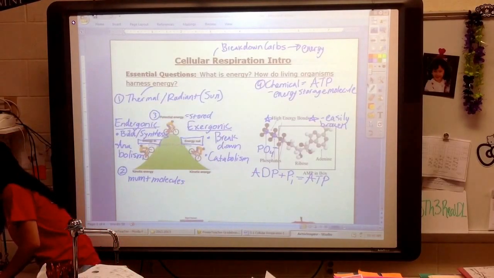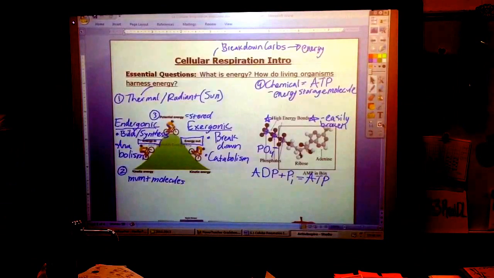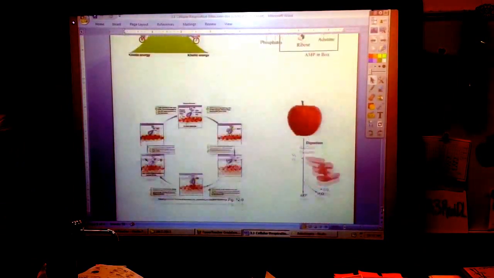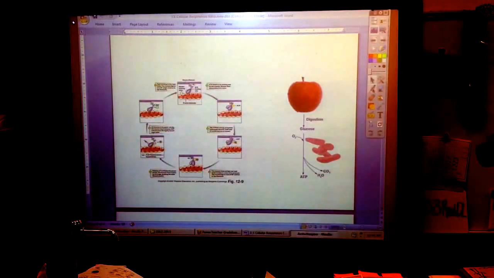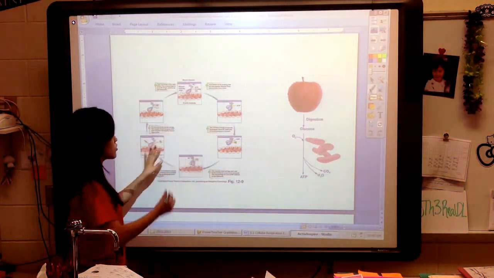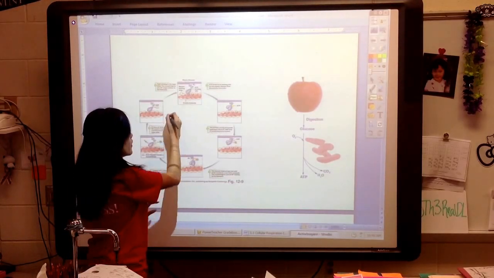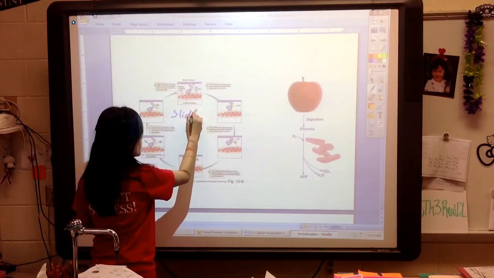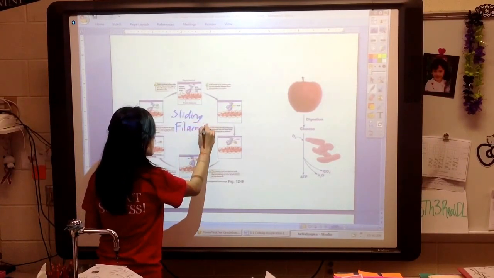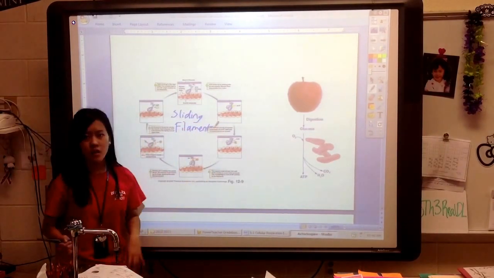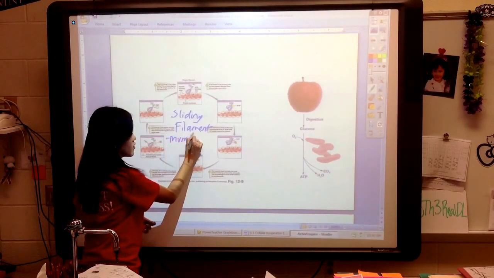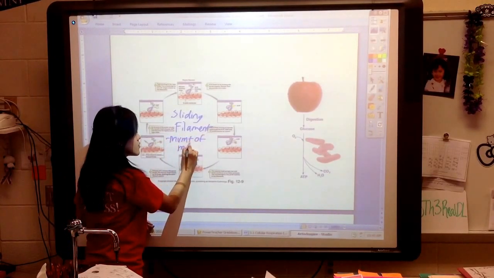So now that we've talked about those energy molecules, we want to look very briefly at what energy is used for. So in this picture here, we're actually showing you the sliding filament theory. And this is actually all about the movement of muscles.